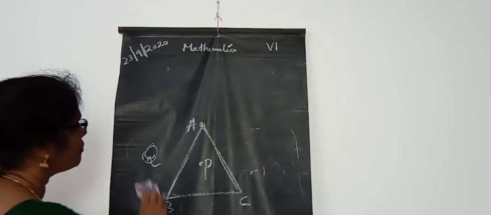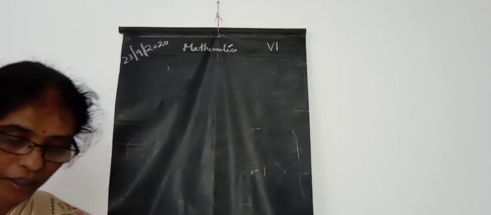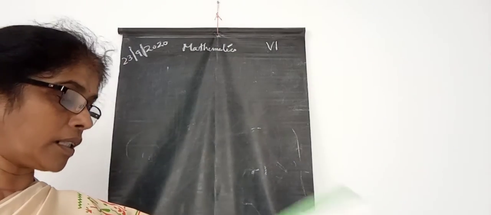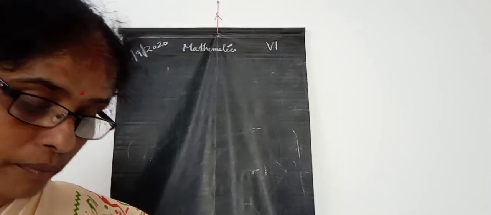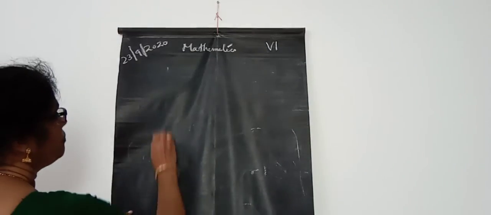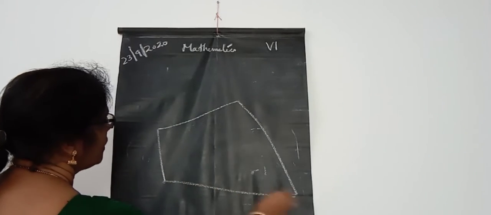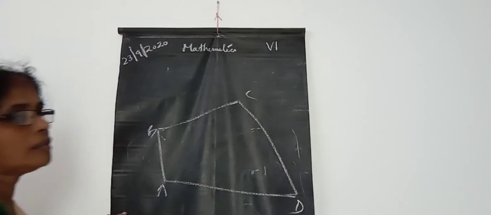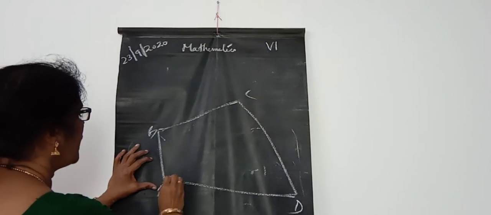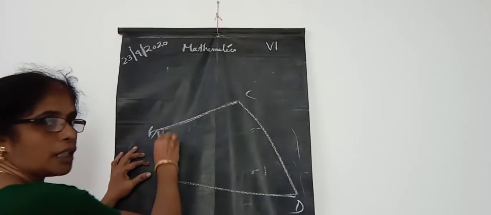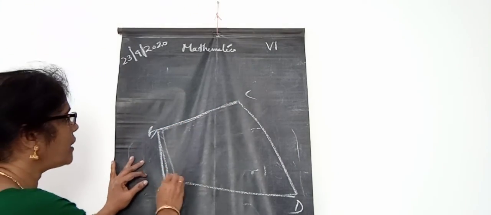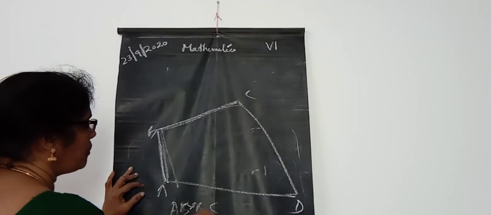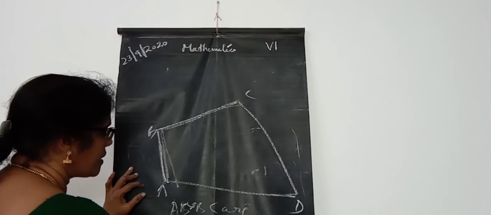And next one more. Yes, we also talked about the quadrilateral, isn't it? So everyone should practice it at home, children. And in the quadrilateral, that also I am telling once more. Look here, in this quadrilateral ABCD, AB and BC are two line segments or two sides, and these two sides are adjacent sides.